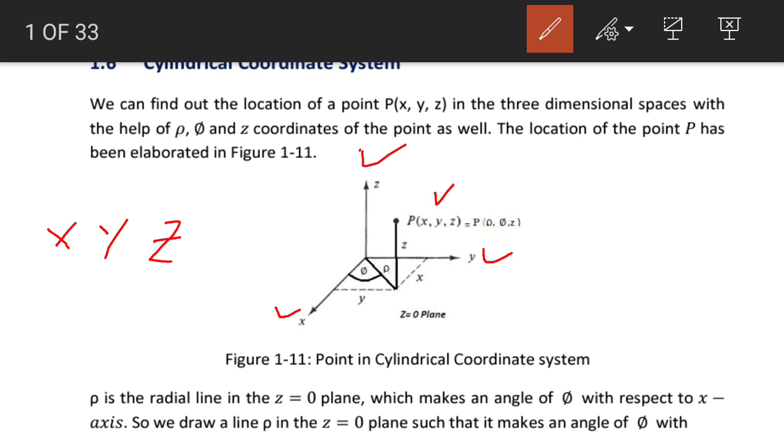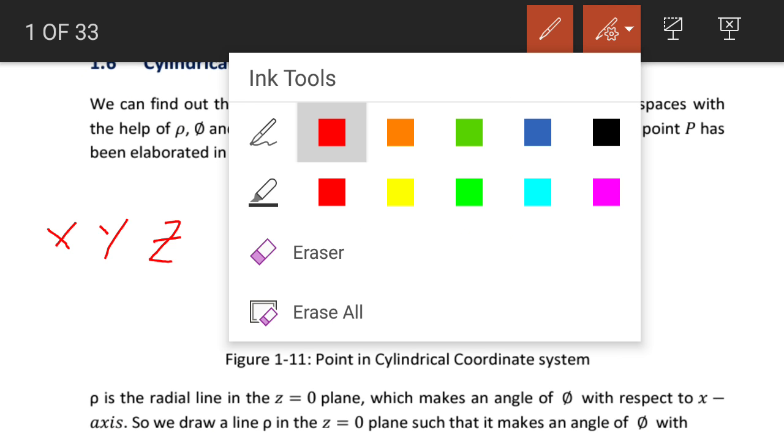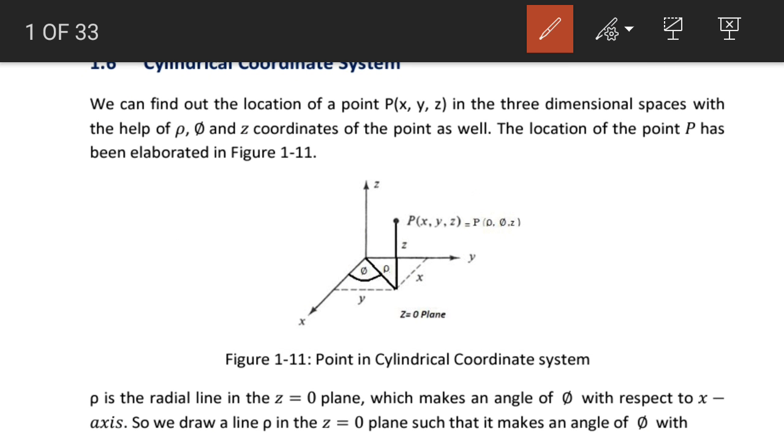So if they are known, we consider the x coordinate of this point along the x-axis, the y coordinate of this point parallel to the y-axis, and the z coordinate of this point parallel to the z-axis. And we reach this point with the help of rectangular coordinates. There is x, y and z coordinates.